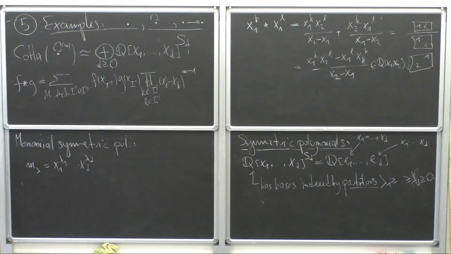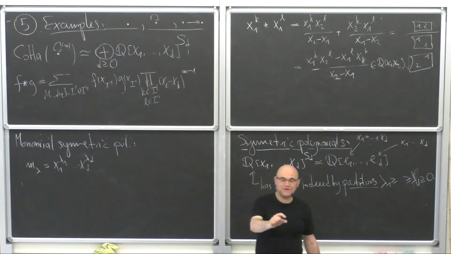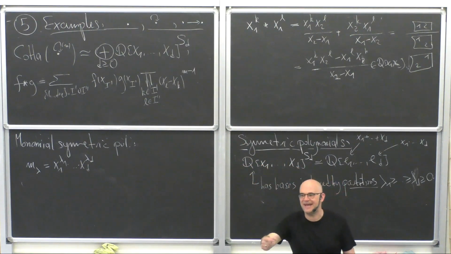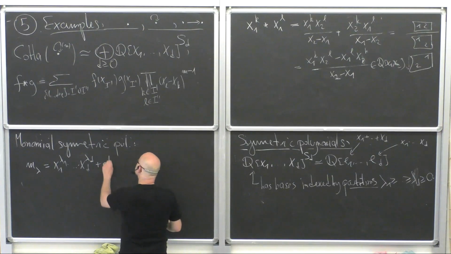This is non-symmetric, but now you are trying to make it symmetric with as few additions as possible. Like in this example which we had here, if you have x1 squared, then you have to add x2 squared, and then you are symmetric, and you don't do anything else. So we add all distinct permutations.